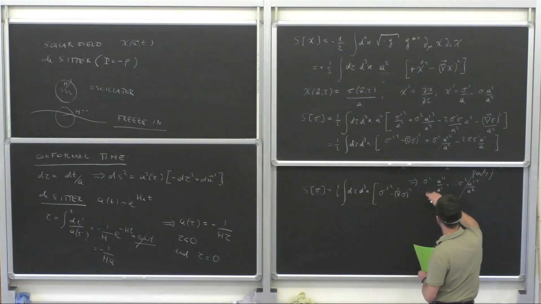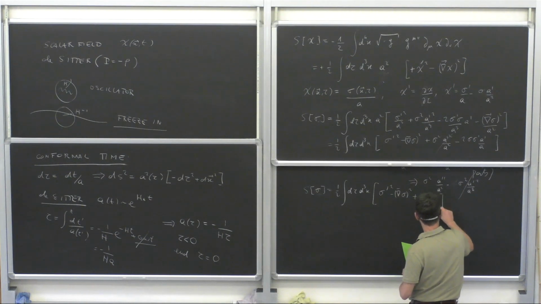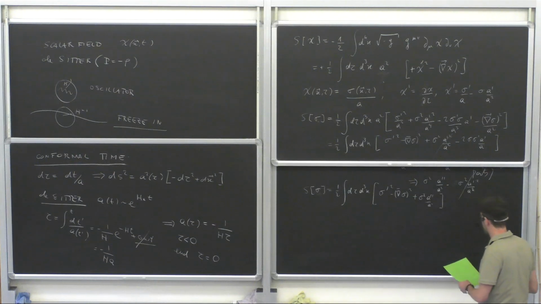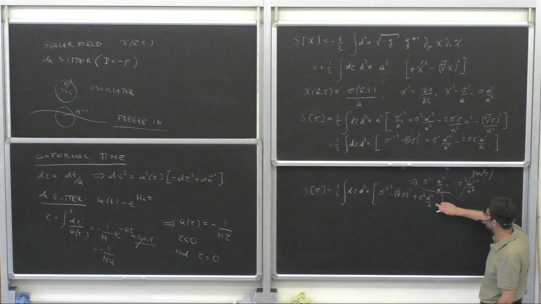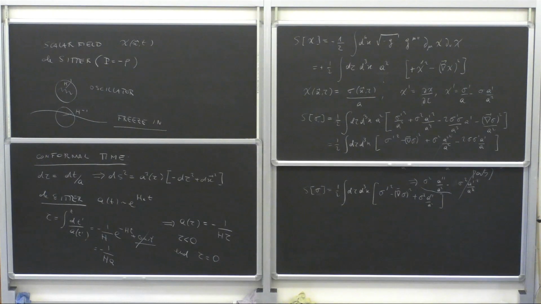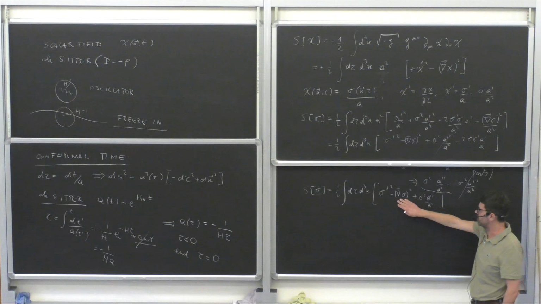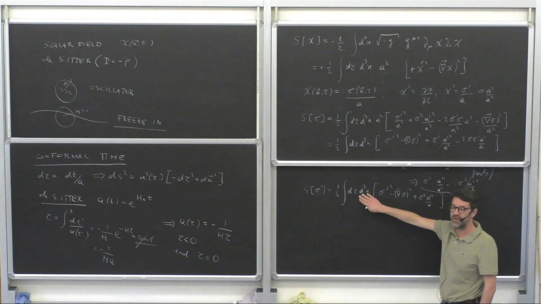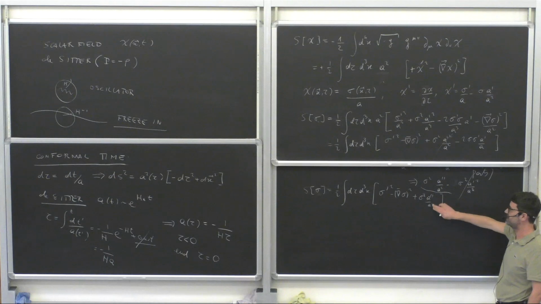And then I'm left with this term here, plus sigma square a double prime divided by a square. Okay, so that's what I have. So my action is this one now. So you see now the action is almost the action of a scalar field in Minkowski, because there is no scale factor here, but with a frequency which in fact depends upon time.